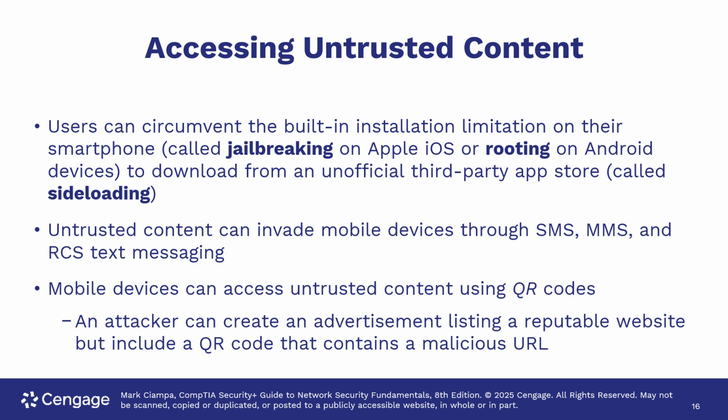Mobile devices can also access untrusted content using QR codes. An attacker can create an advertisement listing a reputable website, but also include a QR code that contains a malicious URL. And once that's clicked on, then you've got additional problems.